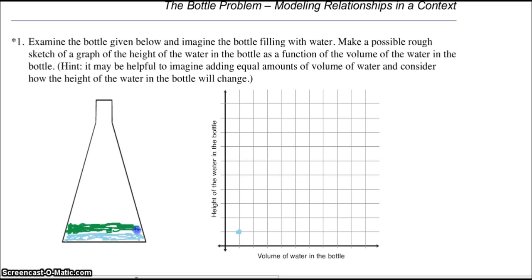The distance from the top here to this bottom green part is higher than the distance from the bottom of the blue part to the top of the blue part. So this next point, I'm going to increase a little bit more.